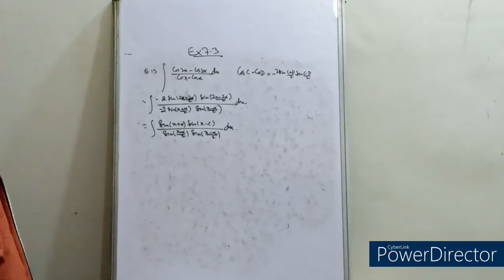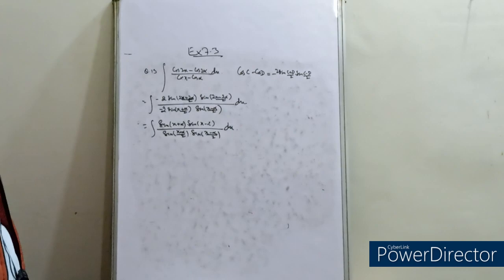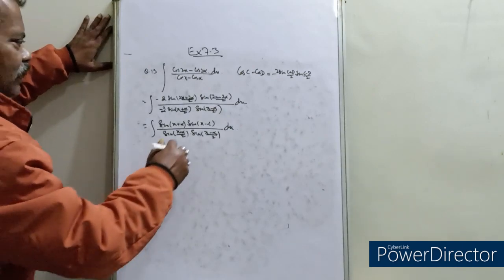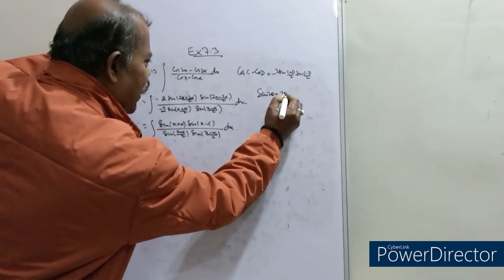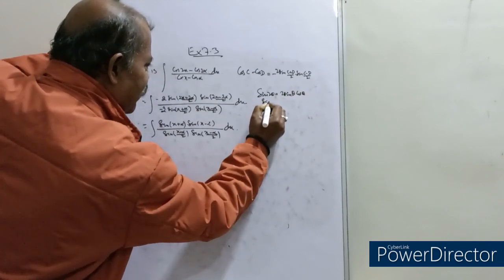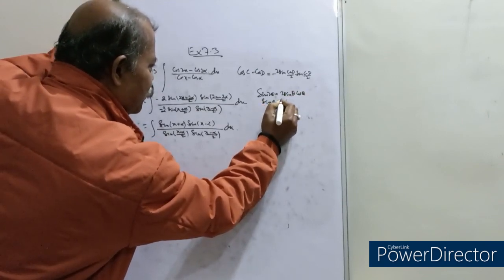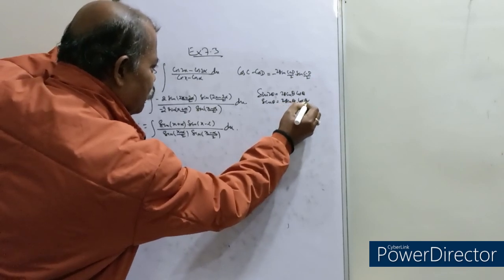Now what can we do further? Here there is a chance. I am going to apply the formula sine 2 theta equals 2 sine theta cos theta. That means sine theta is equal to 2 sine theta by 2 into cos theta by 2.